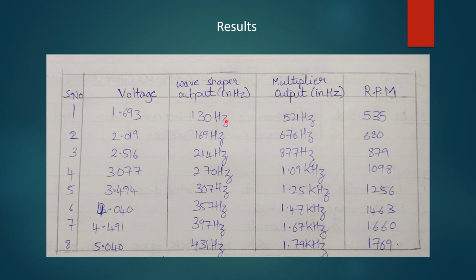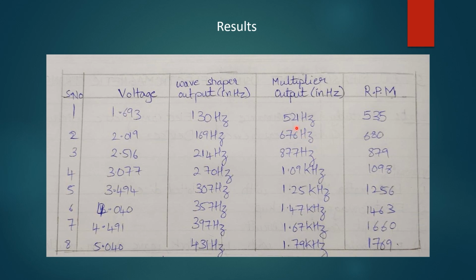Here are the results for different voltages. So this is the wave shaper output. This is the output for the multiplier, and here is the RPM that is shown in the speed measurement circuit. As we can see, as the voltage is increasing, the frequency of the wave shaper increases, which means the RPM or the speed increases. You can also observe that the multiplier output and the RPM are nearly equal.